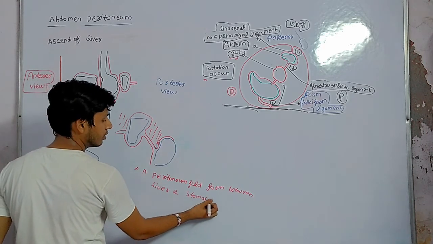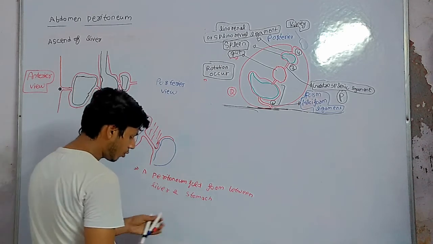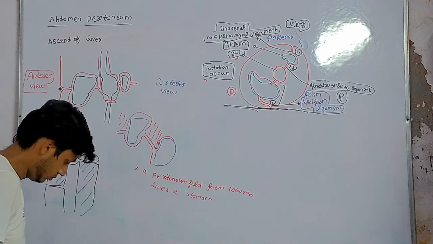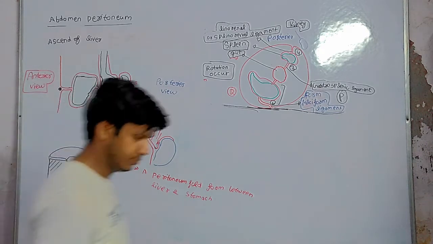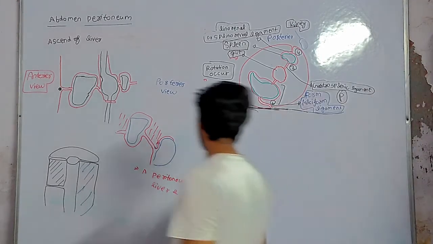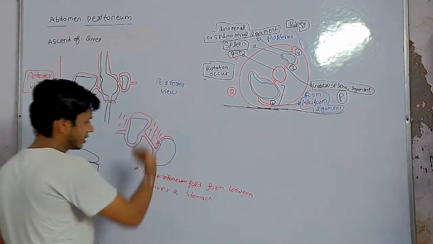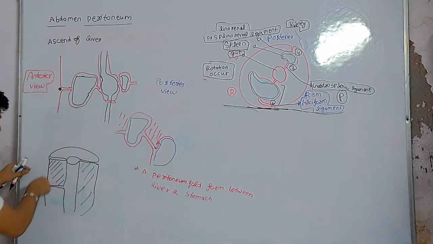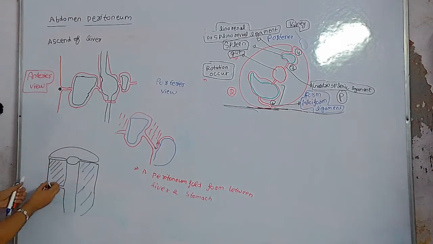From which part? Posterior part of ventral mesogastrium. So a peritoneum fold, a curtain-like peritoneum fold, descends like this. This is a curtain-like structure. Liver is present here. So there is a curtain present between stomach and liver.